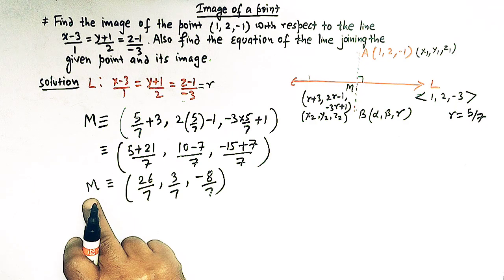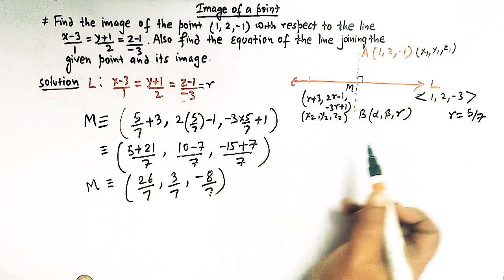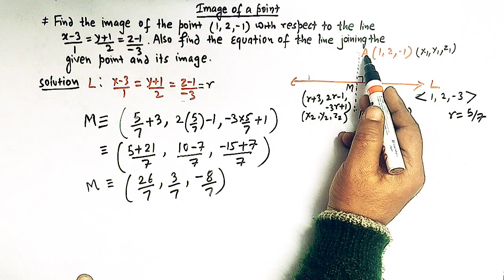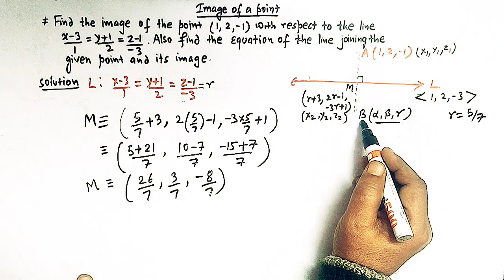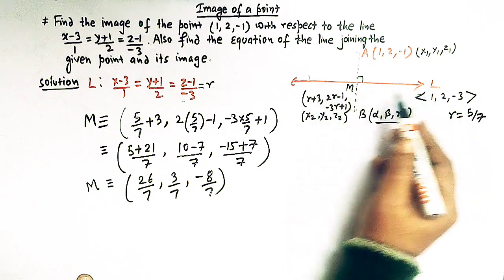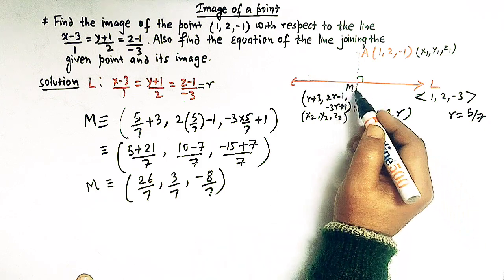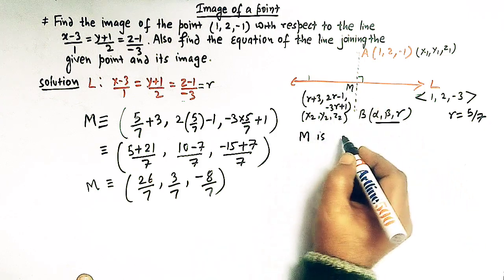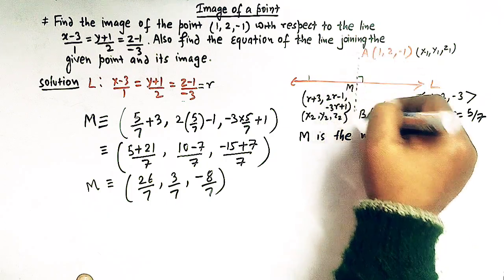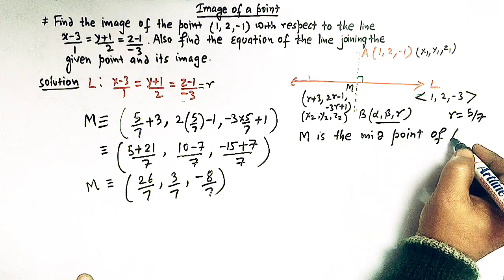So now using the coordinates of this point A and point M, we can easily find out the coordinates of the image of this point A, which is point B, right? And here we have already said that this line L acts as a mirror. So this point M is the midpoint of line AB, right? So M is the midpoint of AB.